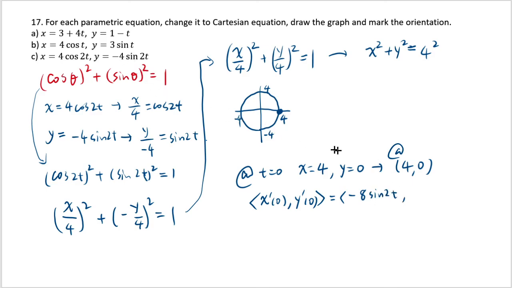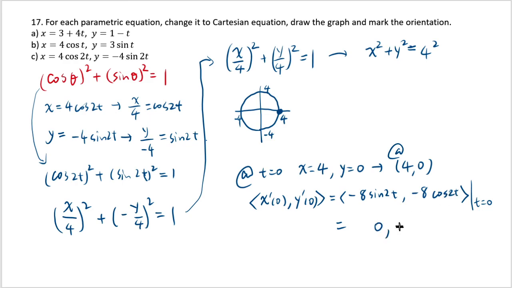And differentiating sine gives you cosine, so you get negative 8 cosine 2t. The number 4 becomes 8 because of the chain rule. Then you plug in t equals 0, which gives you sine of 0 is 0.